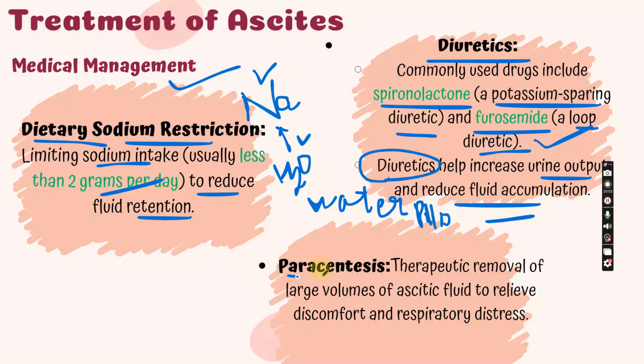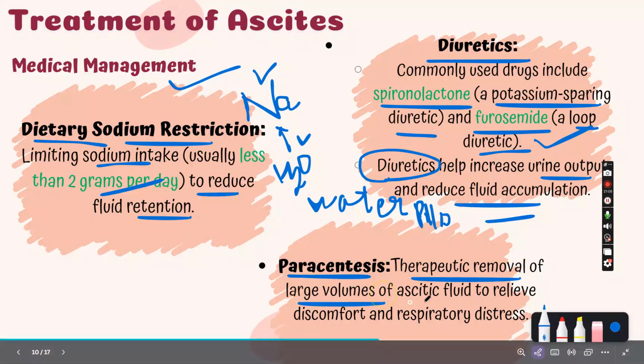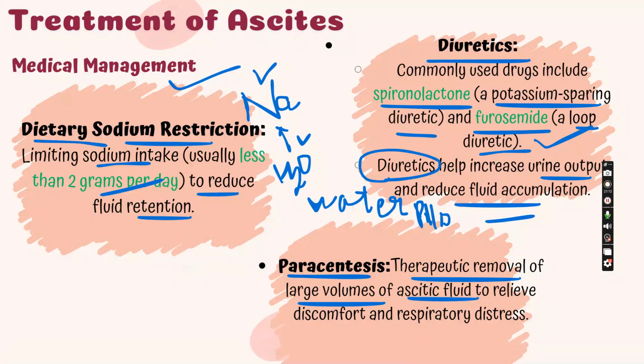Then there is paracentesis. In the previous slide, I said that paracentesis is both a diagnostic test as well as a treatment. During paracentesis, we remove large volumes of ascites fluid. When we are doing paracentesis as a nurse, we have to observe the puncture site. That is a priority of ours.